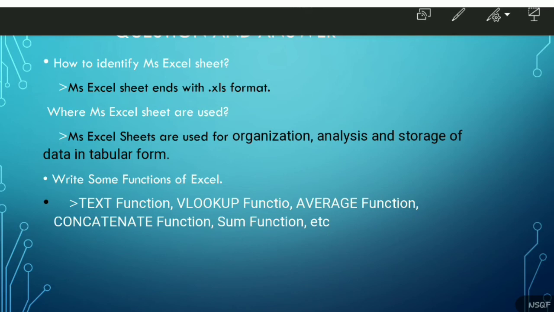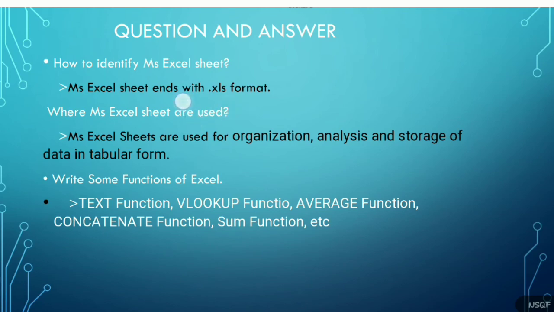Similarly, .apk for the application, and coming to MS Excel, this .xls format you can easily identify if it is written on any file. When you see .xls, then we can easily recognize that it is an MS Excel sheet.